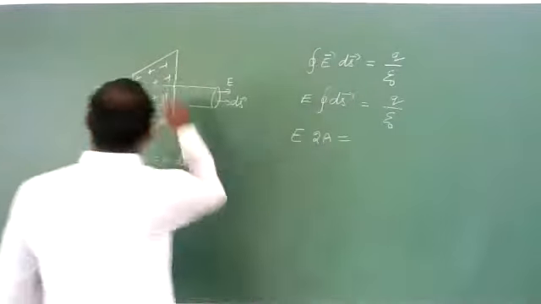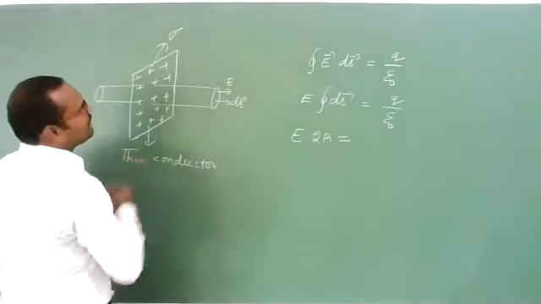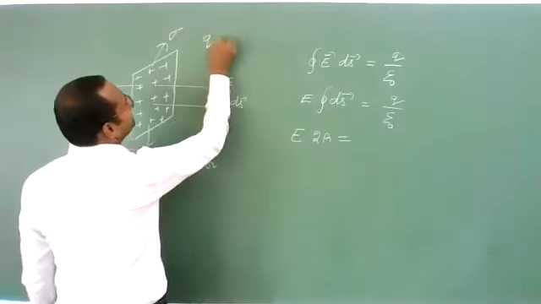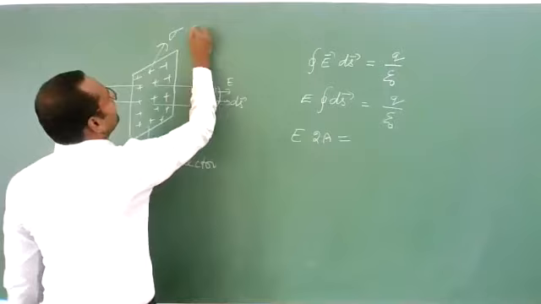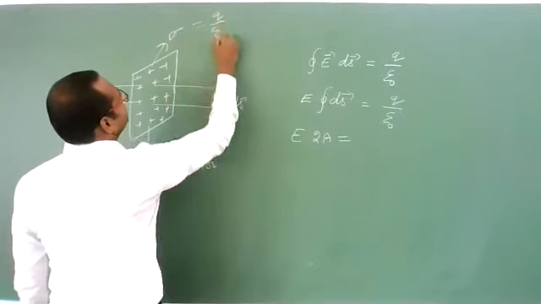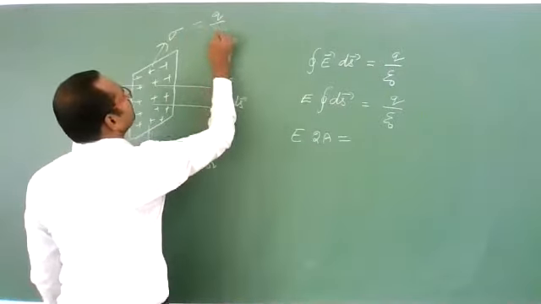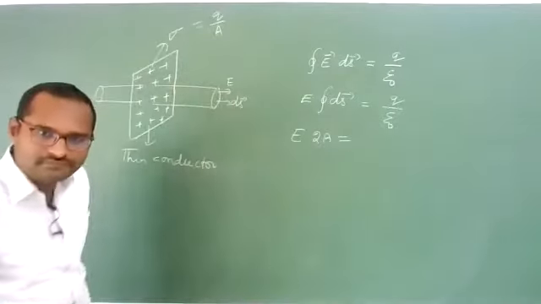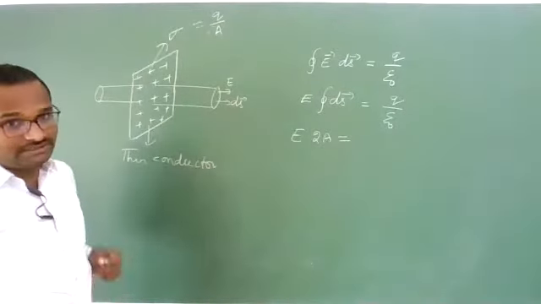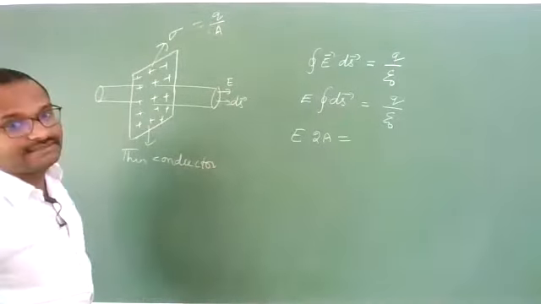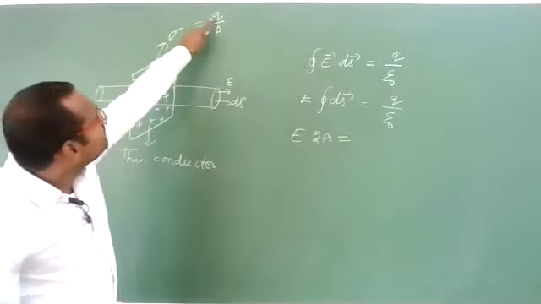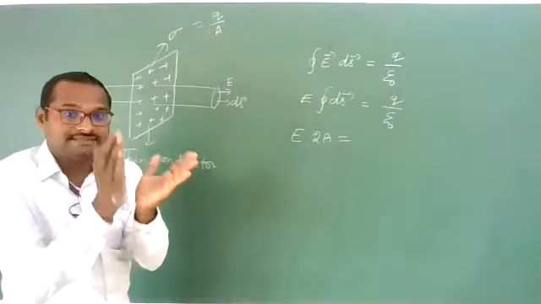We know that for surface charge density sigma, sigma can be written as q by area. Are you getting it? But here, for a conductor, charge q will be present on both sides.